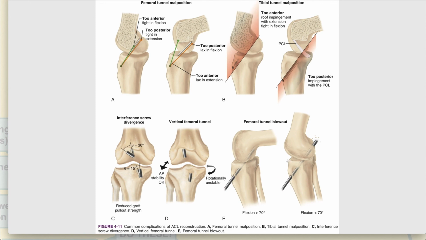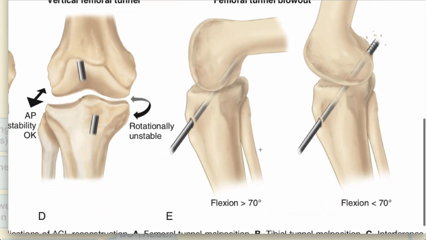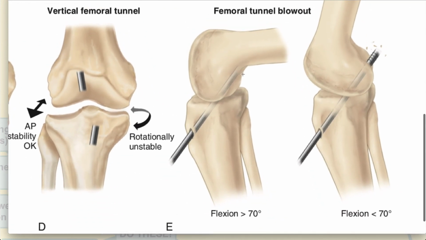Now, the last thing that may occur during the surgery is called the femoral tunnel blowout. Remember the femoral tunnel placement? It should be placed with only 1 to 2 millimeters anterior to the posterior cortical rim, and this can be achieved if the knee during the drilling period is flexed more than 70 degrees.